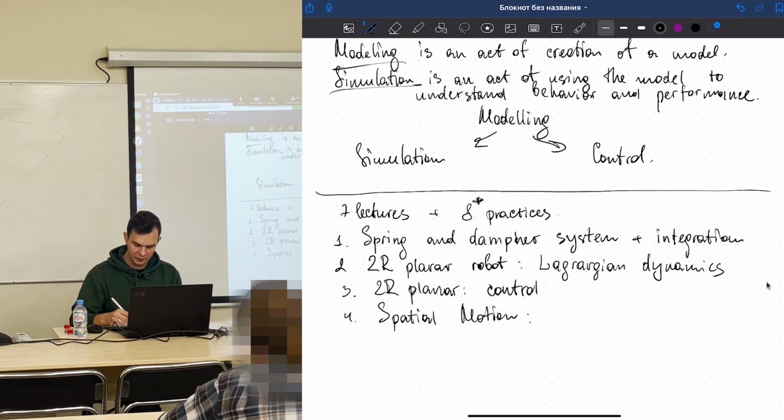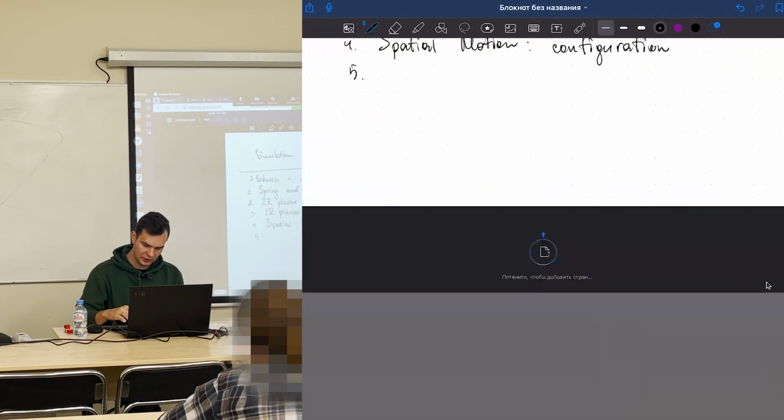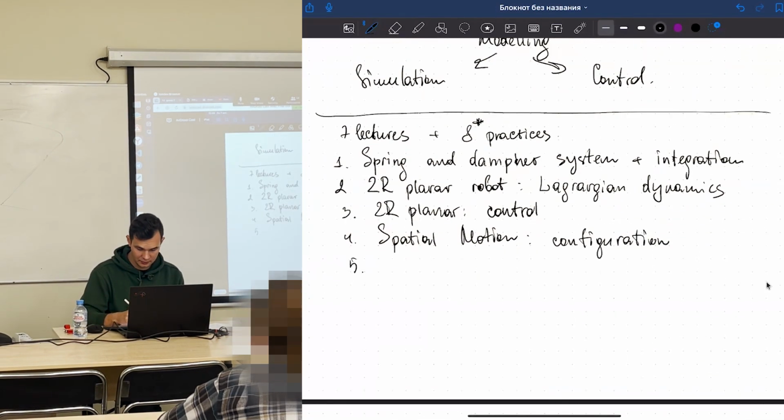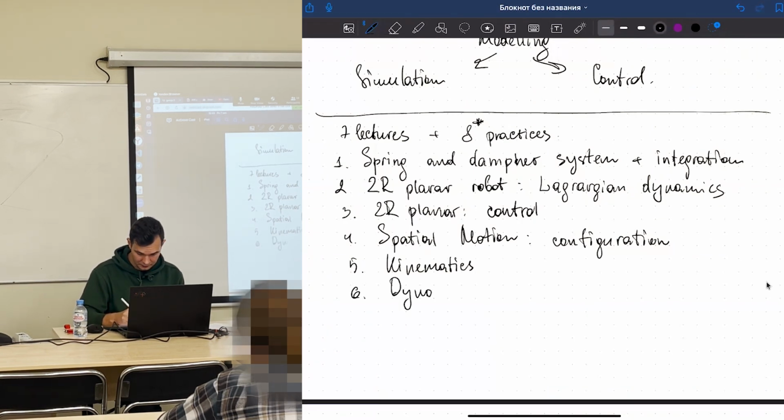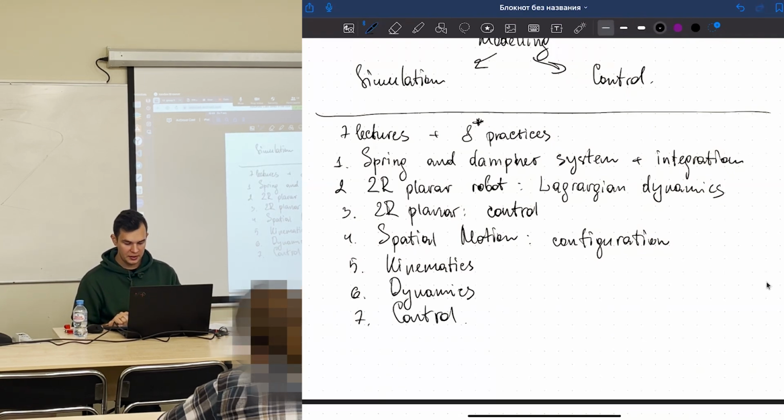So we'll start with a configuration, then we will consider kinematics, then dynamics, and finally something about control, a basic one. So this is the idea for the lectures.